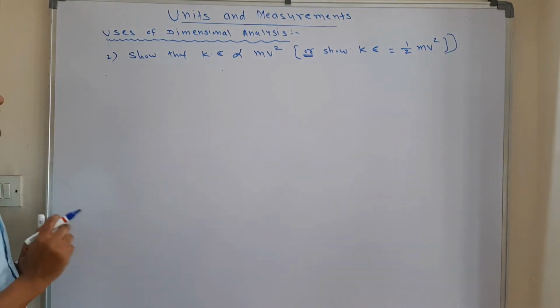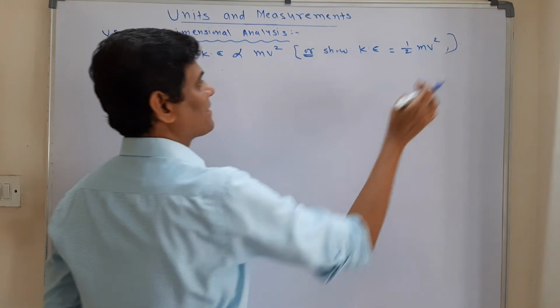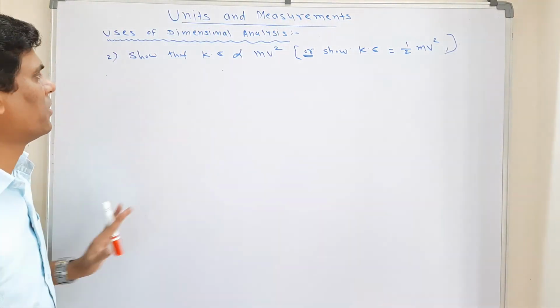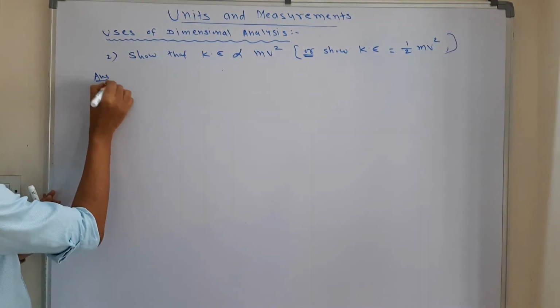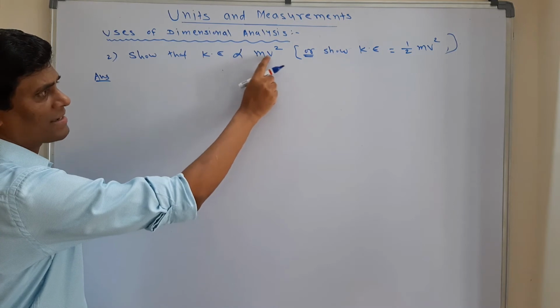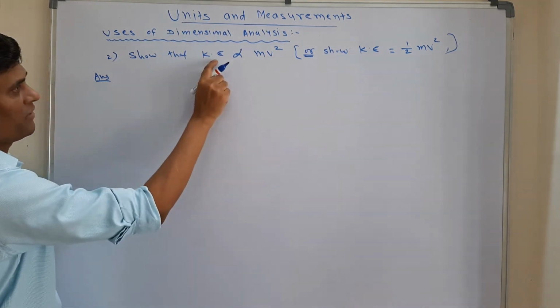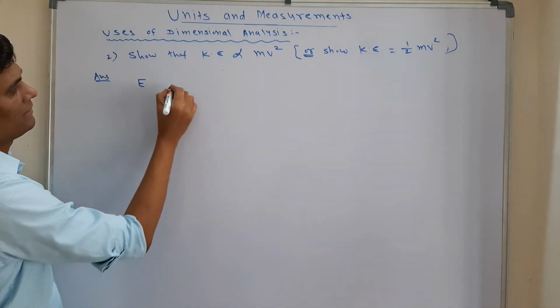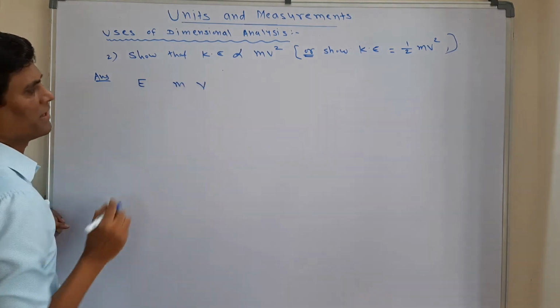How to prove? Again, we have to go with the second use, that is to establish the relation. You will take how many physical quantities are there? Kinetic energy, mass and velocity. Main physical quantities: kinetic energy, let us use the symbol E, then mass, then velocity.